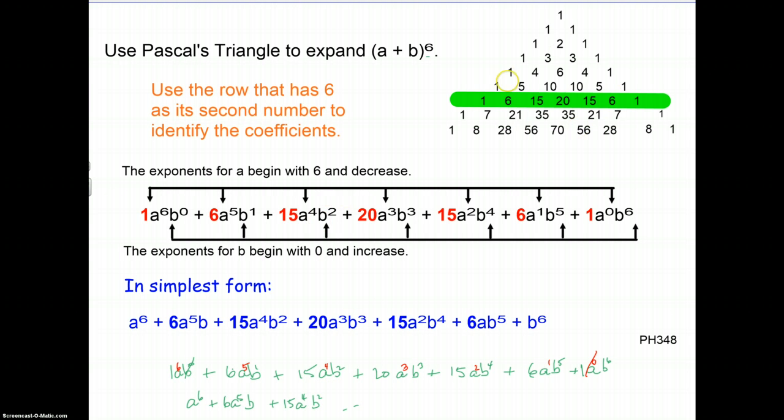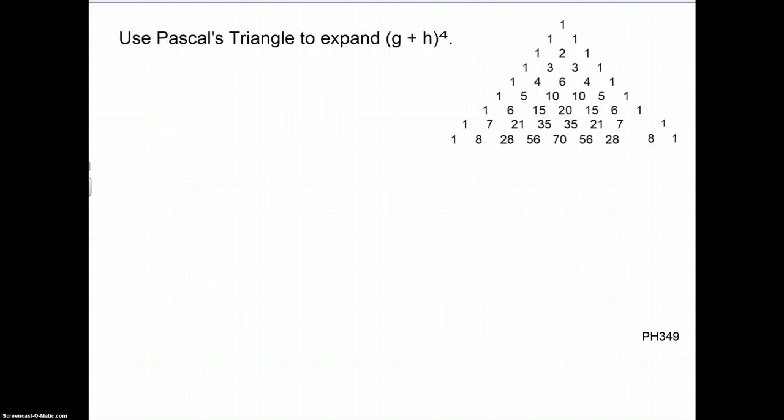So Pascal's triangle gives us these coefficients that we need. Let's use Pascal's triangle to expand (g + h) to the 4th. We're going to use the row in the triangle that has the 4 in the second position.